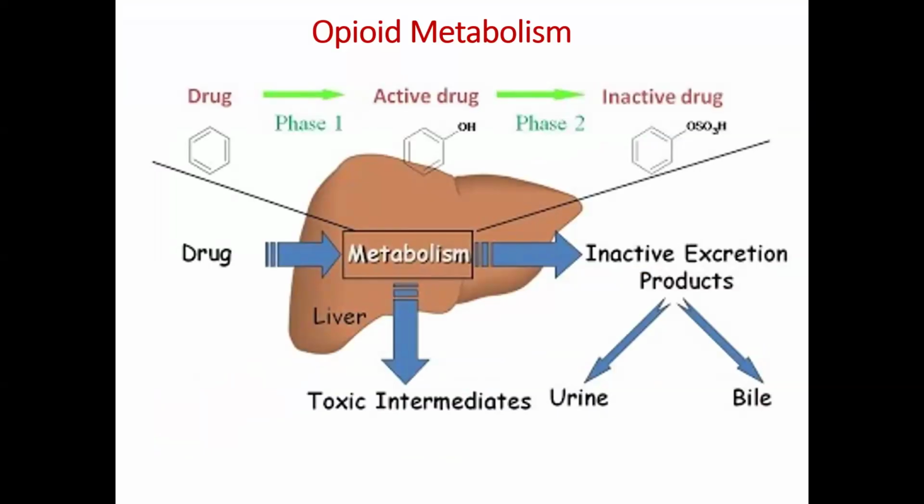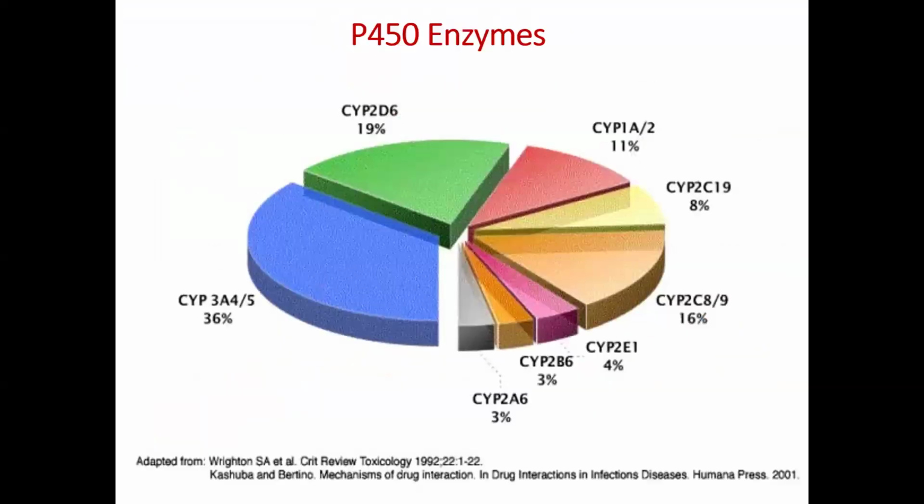Opioid metabolism is through the liver, and the excretion is through the kidney. The liver has two phases, phase one and phase two. Phase one is oxidation, reduction, hydrolysis, but mainly oxidation. And phase two is conjugation.